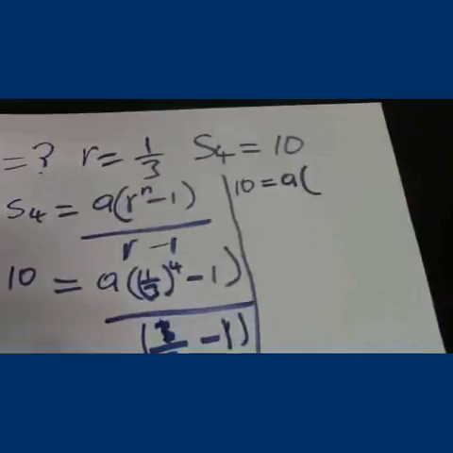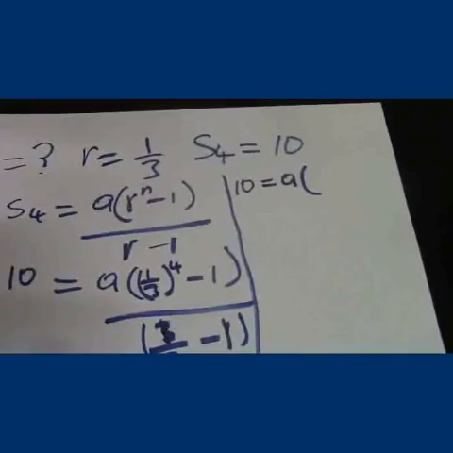Then what is happening inside there? 1 over 3 to the power 4 minus 1.